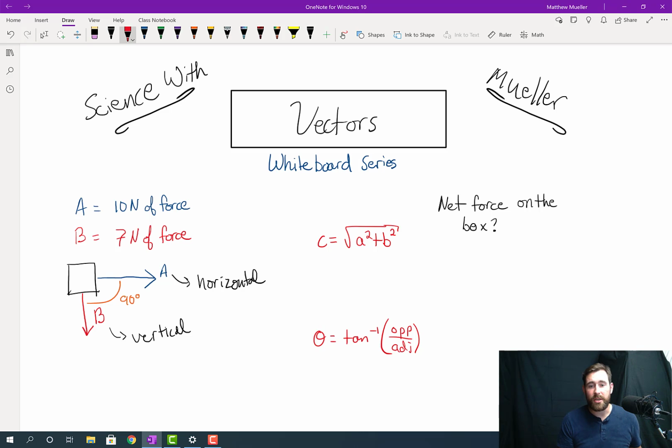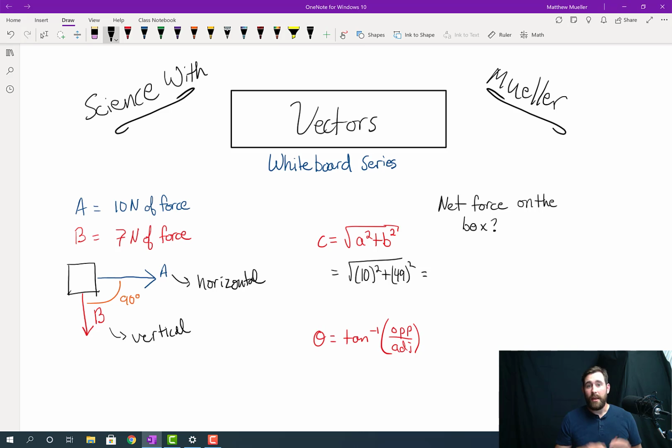So in our first equation, remember, this is Pythagorean's theorem. A is a leg, B is a leg, and C is the hypotenuse. So A and B are interchangeable here. So let's go ahead and let A be A and B be B. So if we plug our values into this equation, now that we've already got our components solved, it becomes a very easy problem. And so we take 10 squared plus 7 squared, and we just punch it into our calculators.